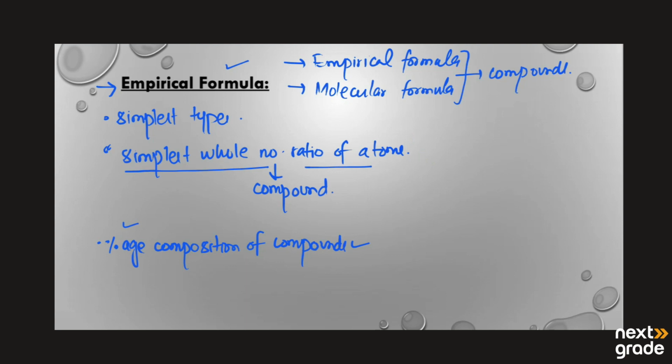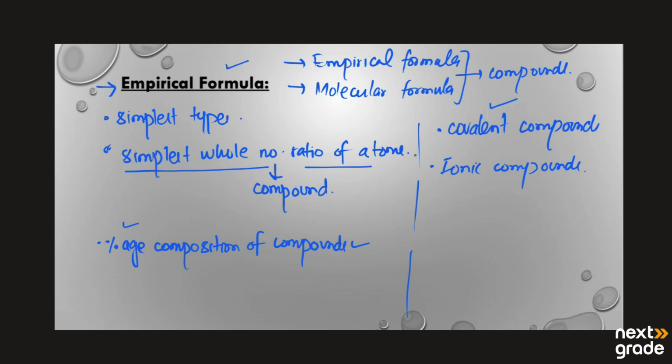For example, we have two types of compounds: the first is covalent compounds, and the second is ionic compounds. What is the difference between them?